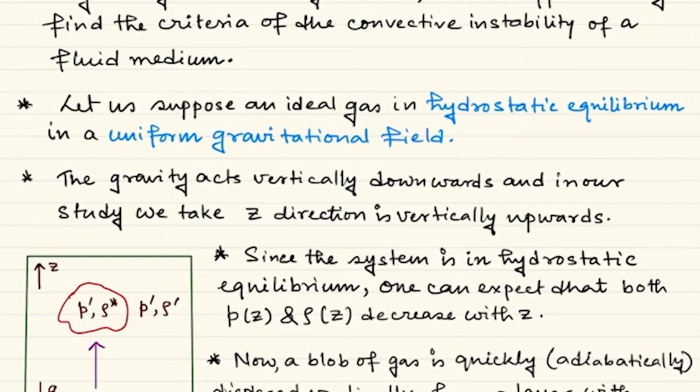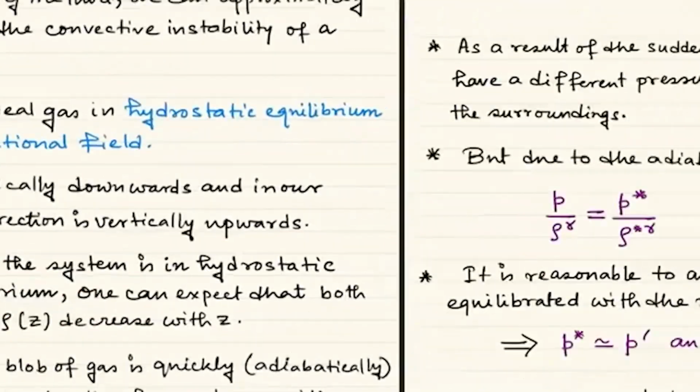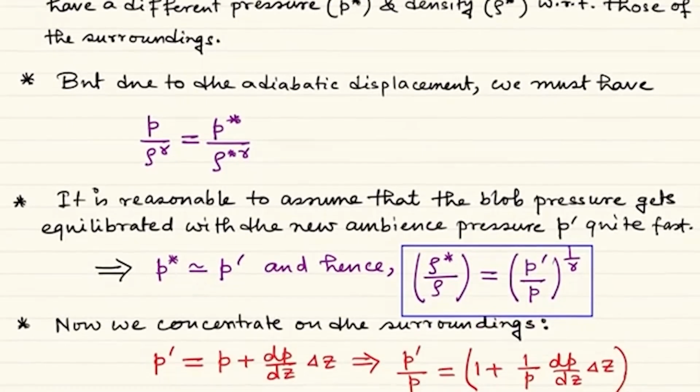So P star can almost be equal to P prime. However, rho star and rho prime are significant. They are not equal, they are different. So in this equation we can simply replace P star by P prime, and then we can write rho star by rho will be equal to P prime by P whole to the power 1 by gamma.